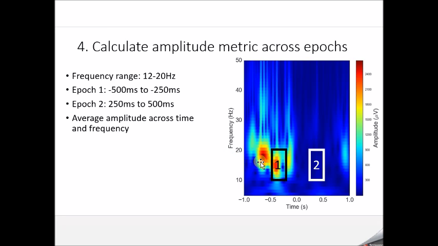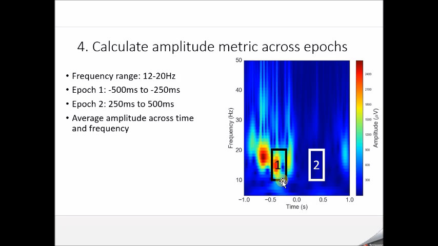So if we're interested in calculating a difference in amplitude between two conditions, one possible way we could do that is by designating sections in this time frequency profile that we will average the amplitude over.